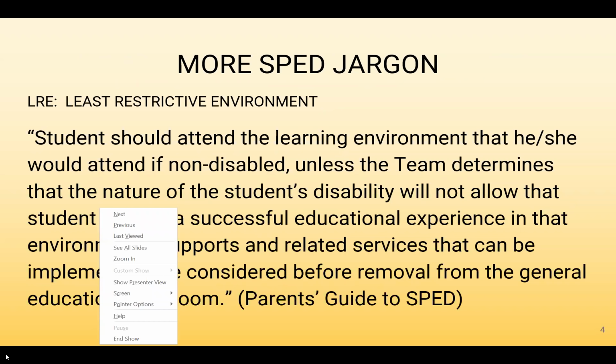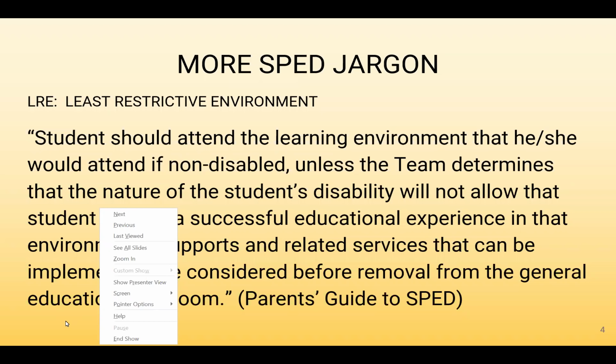The second jargony term is LRE, or the least restrictive environment. What that means is that students should be taught in the environment where they can be the most successful, and which is closest to what the general ed population gets. So basically, it's more on an individual need.